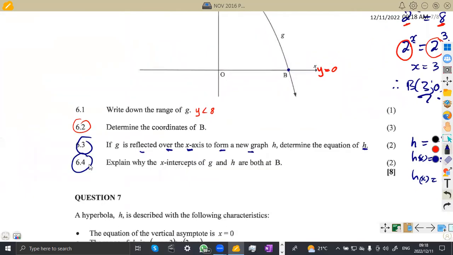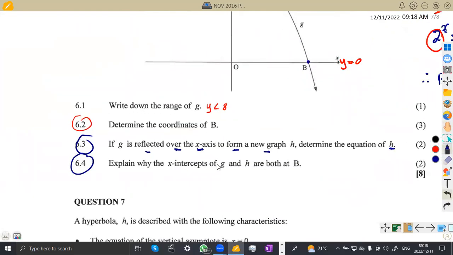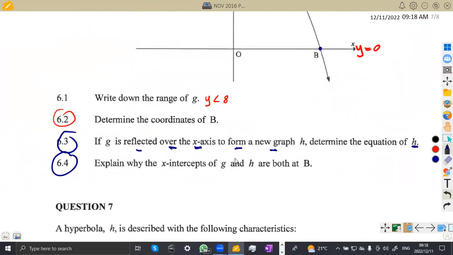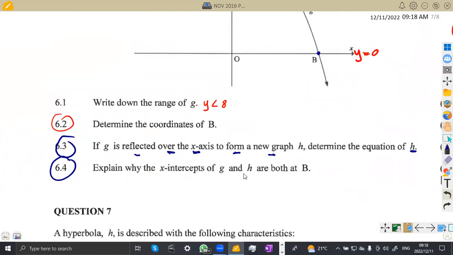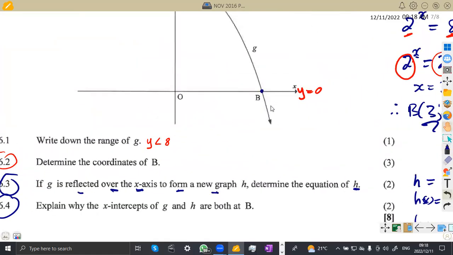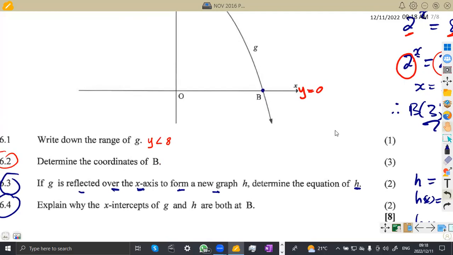6.4: explain why the x-intercept of g and h are both at B. Why is the x-intercept going to remain the same? This is reflected about the x-axis. So the point B is found on the mirror line, because that's a reflection. That means the x-axis becomes the mirror line.